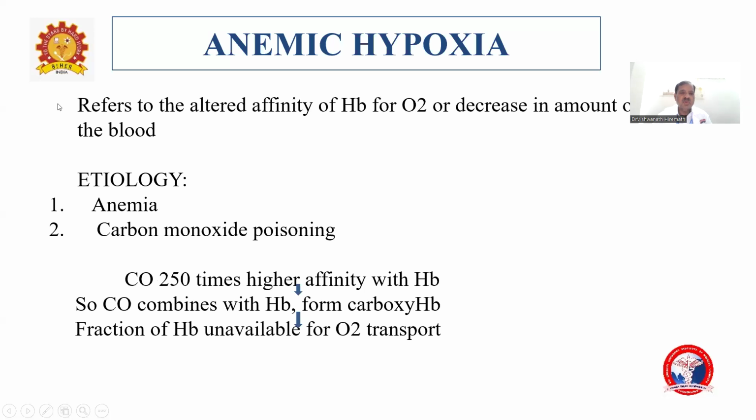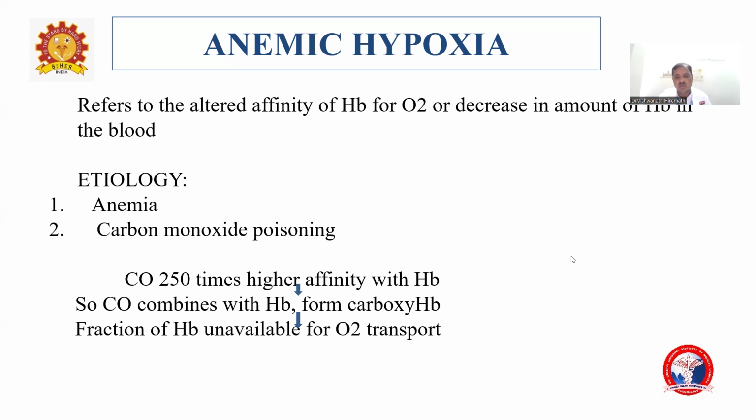Anemic hypoxia refers to the altered affinity of hemoglobin for oxygen, or a decreased amount of hemoglobin in the blood. Causes: anemia, carbon monoxide poisoning. Carbon monoxide has 250 times higher affinity for hemoglobin. So carbon monoxide combines with hemoglobin, forming carboxyhemoglobin, and the fraction of hemoglobin available for oxygen transport is less.